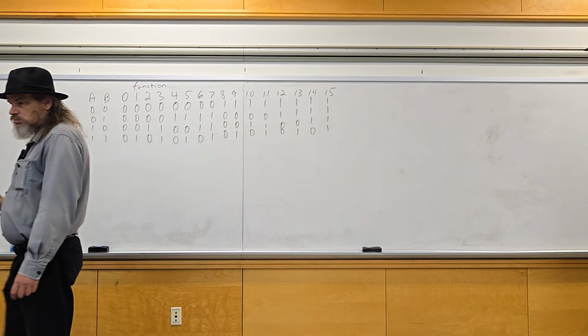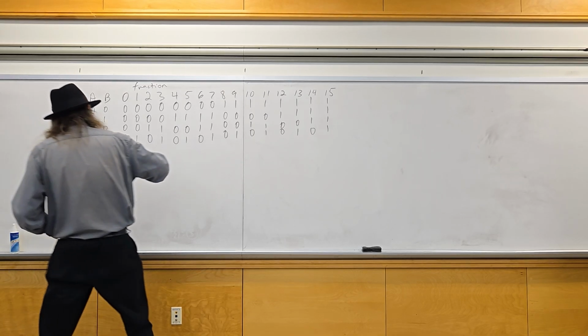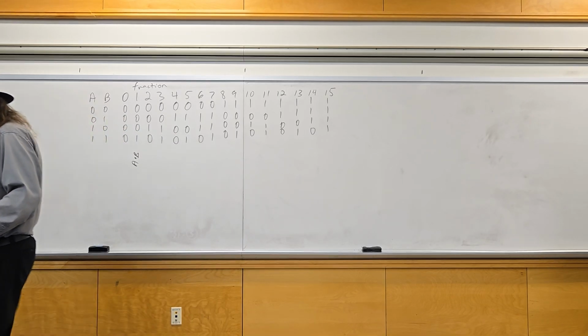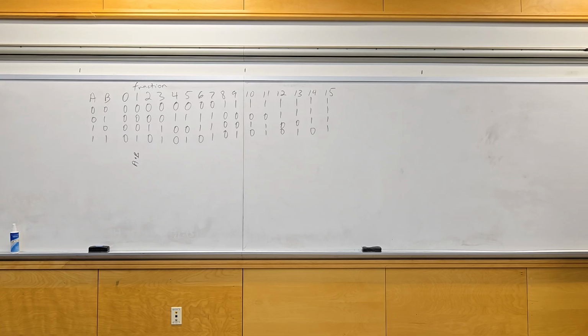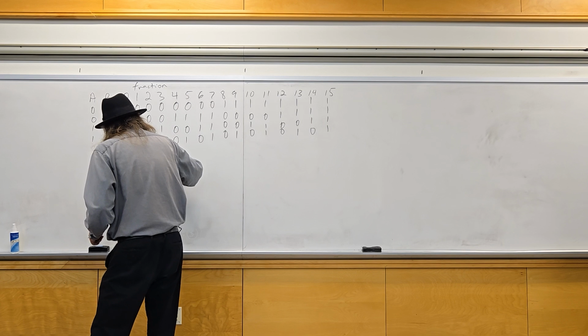Okay, so your F0 is the null function. Function 1 is the AND function. Let's see here, that's A and B. Inhibition, X but not Y. It'd be X/Y.